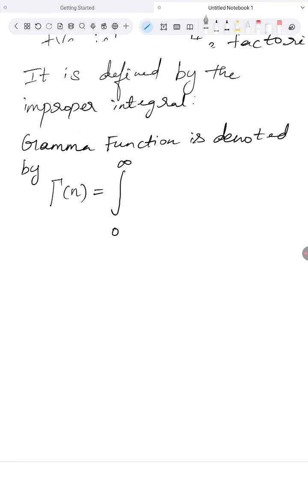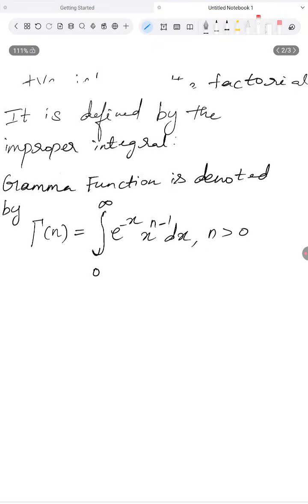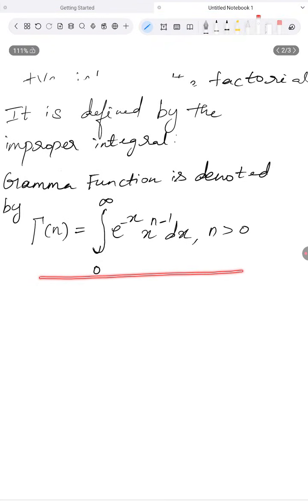integral over 0 to infinity e power minus x, x power n minus 1 into dx, where n is greater than 0. So this is the definition of the gamma function.